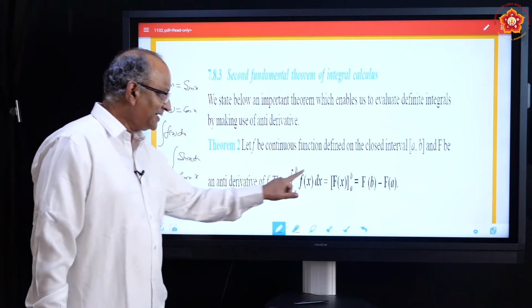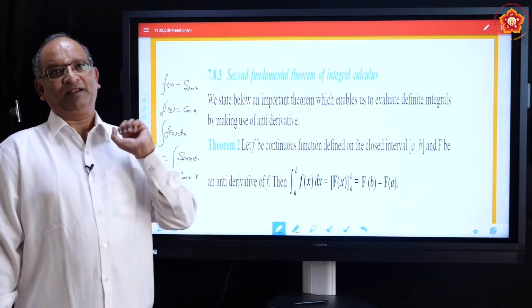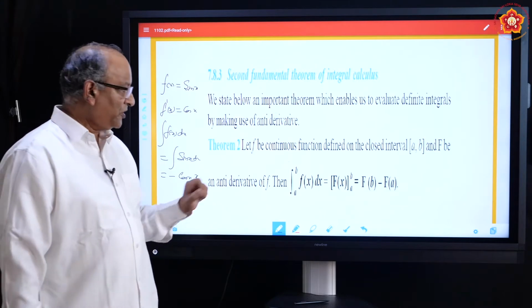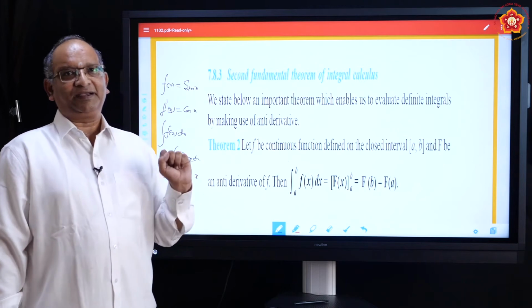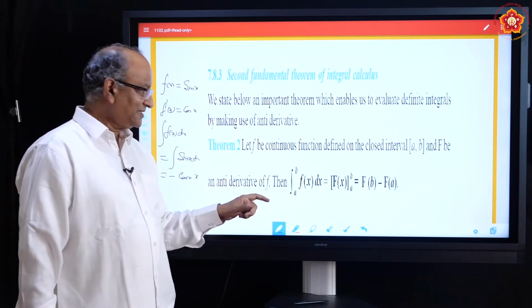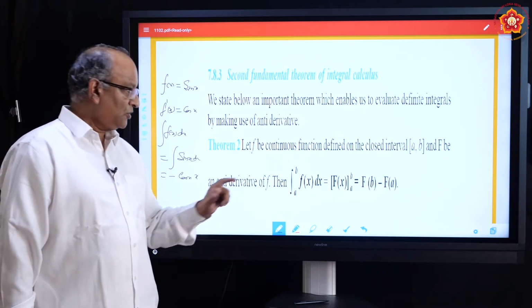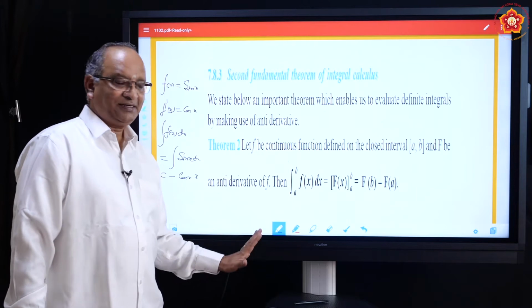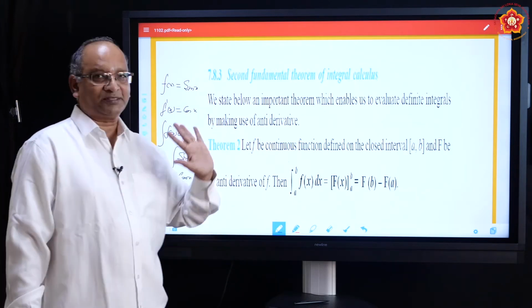Now there is something which we need to learn. Because we have introduced the limits and we called it definite integral, you need to know what they mean. Yesterday also we discussed that a is called the lower limit, b is called the upper limit. So f x is being integrated, something like sin x is being integrated and we got minus cos x.